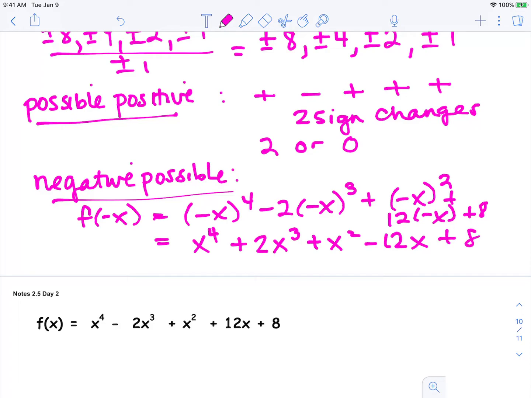And then look at the sign changes. Positive, positive, positive, negative, positive. So there are 2 sign changes, so we go down by an even amount. So there are 2 or 0 possible negative roots. So we don't really have a narrowing down in that respect.